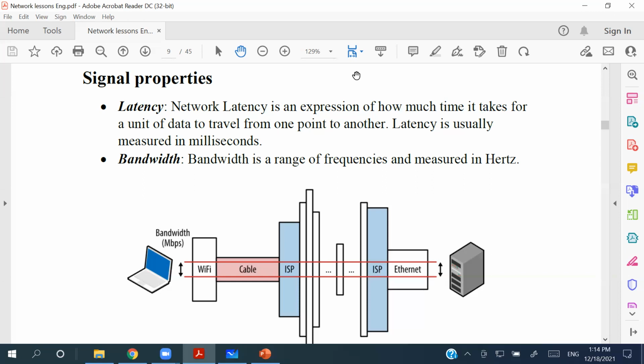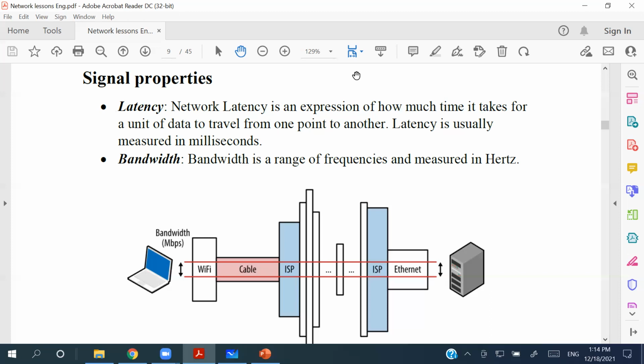Nowadays it comes in Mbps, megabits per second, and some advanced technologies measure it in gigabits per second. With that unit, it says how fast your communication is. So latency and bandwidth, remember.